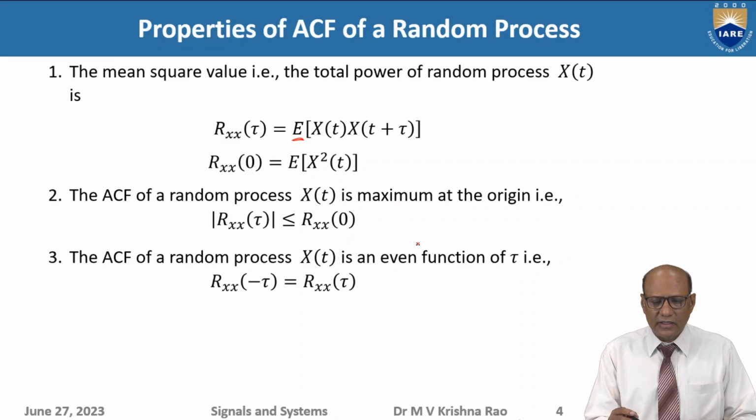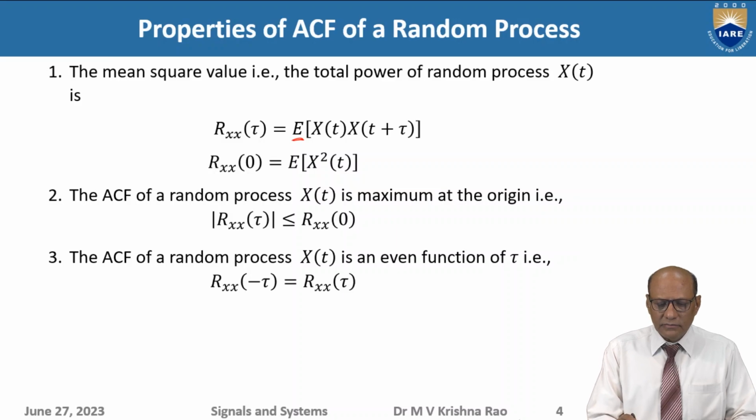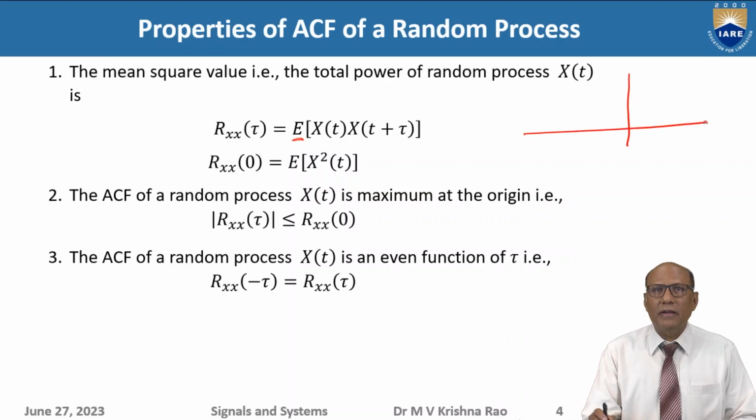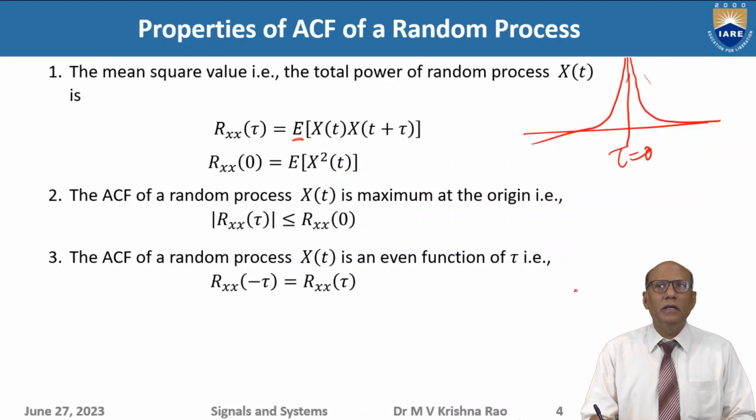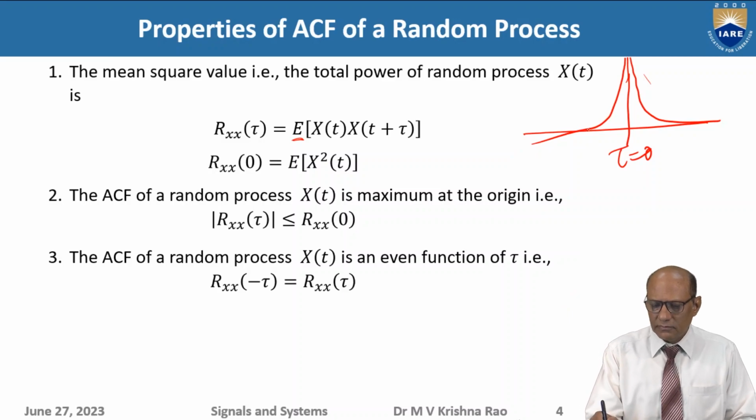Otherwise, more or less they are similar, except at one or two points they are different. So I am taking the autocorrelation function of a random process like this. This is tau equal to 0, and it will look something like this.